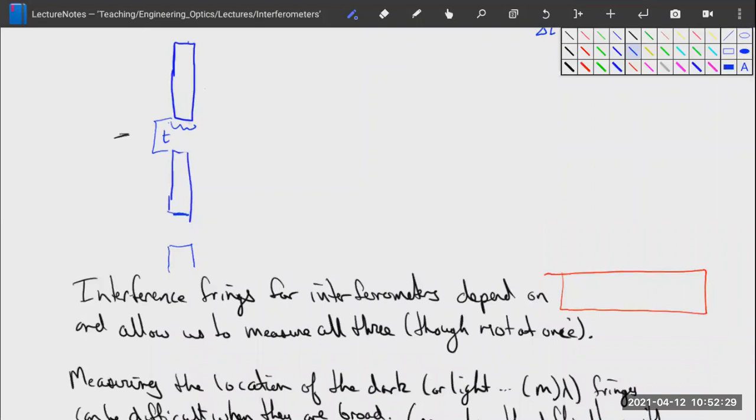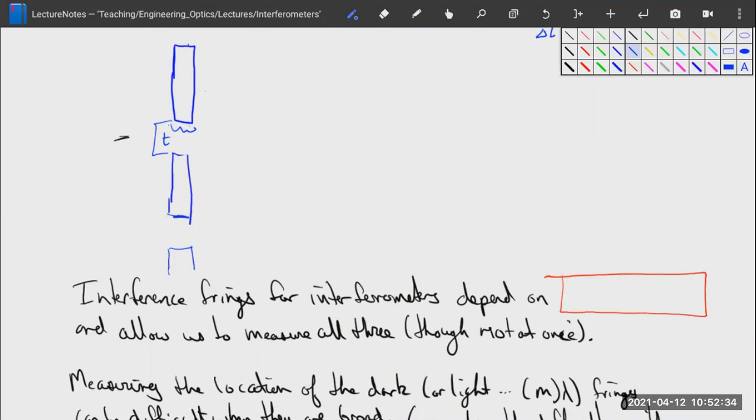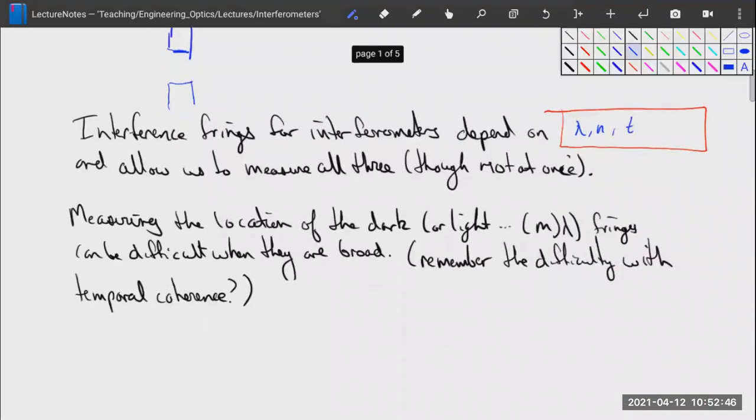So, interference fringes, this is just a note: interference fringes for interferometers depend on lambda, n, and T, and it allows us to measure all three, though not at once. When we're measuring the location of light or dark fringes, it can be difficult if they're broad, right?